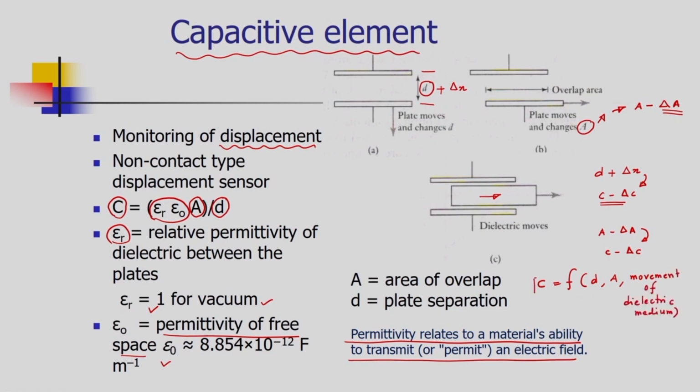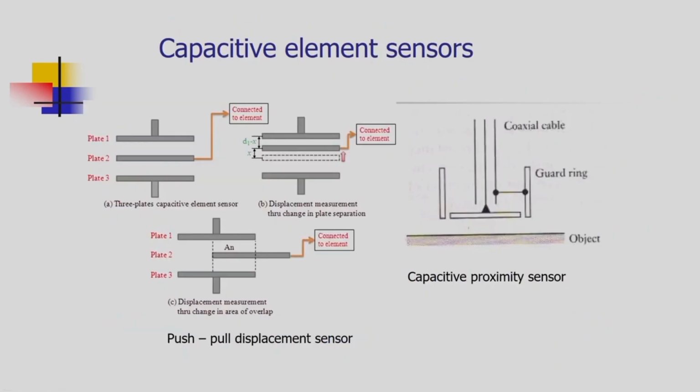This change in capacitance is further utilized to get the displacement. Now you can see how exactly we can use the capacitive element sensor in the practical domain. For that purpose we are taking 3 plates: plate number 1, plate number 2 and plate number 3.